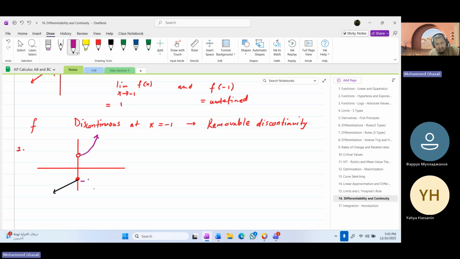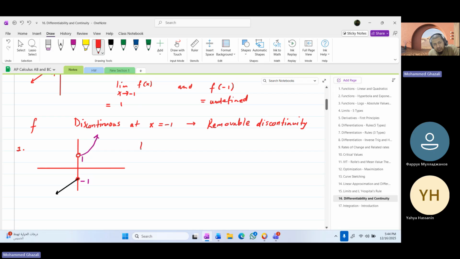This value is -1, and that value is 1, okay? Let me try to make this a little bit steeper. So see, this bottom piece is included, this top is excluded.